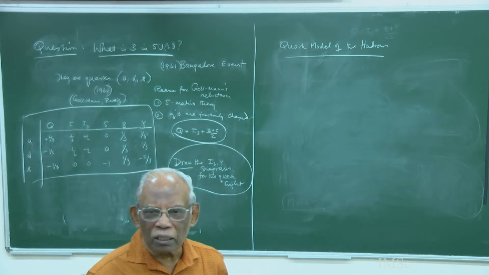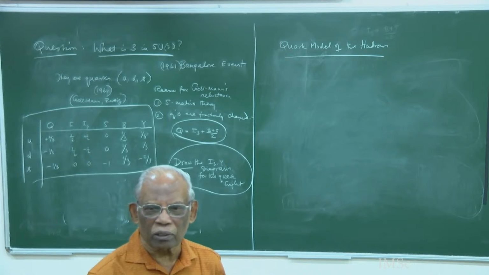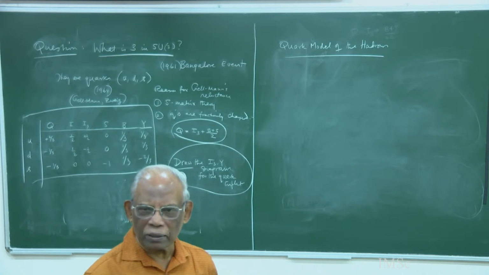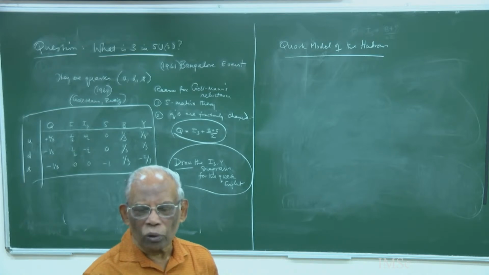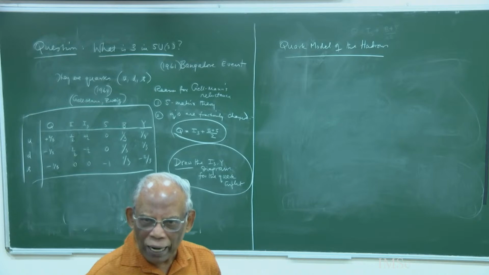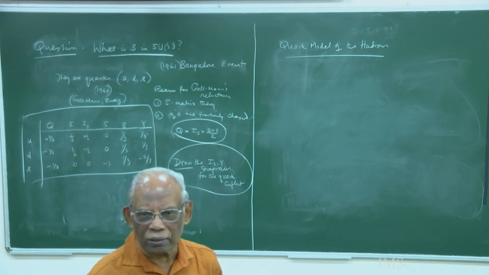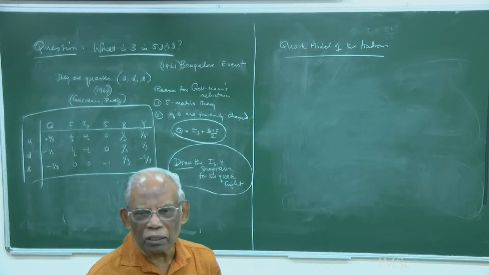The masses of these three quarks are very small. You can even put them 0. If you put them 0, you get exact SU3. You don't put 0, it's some small number. I will discuss the masses of the quarks a little later, but you will see that the masses of the quarks U, D and S are so similar, so there is a symmetry.